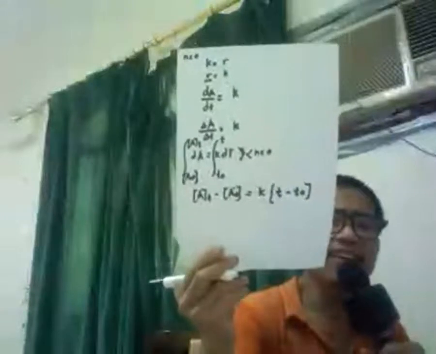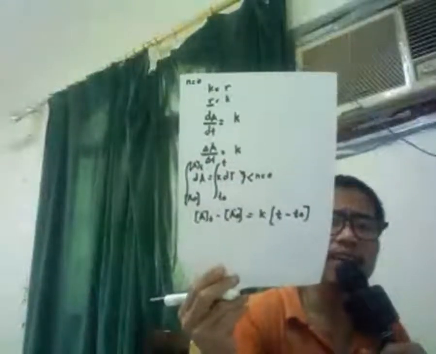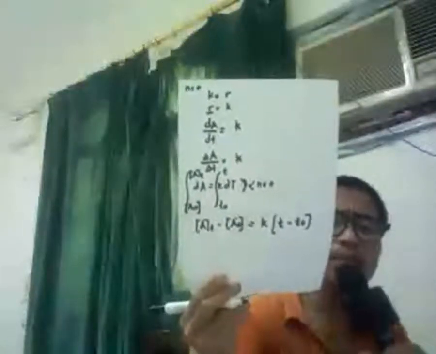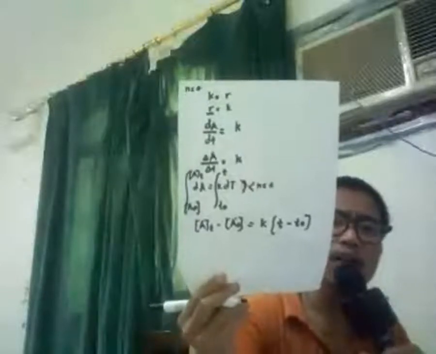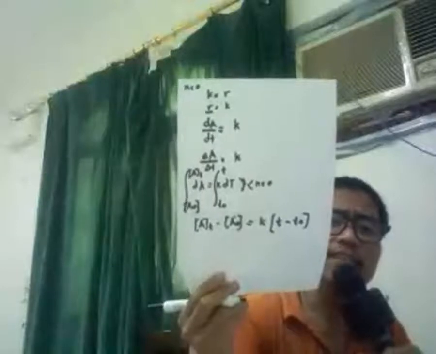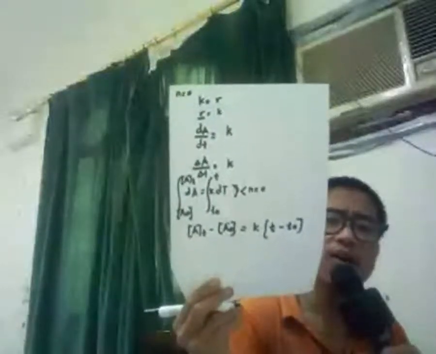This is right, integration. So A subscript t minus A_0, final minus initial, is equal to k, open parenthesis, t minus t0, final minus initial. Now we finalize this. We will simplify this like this.